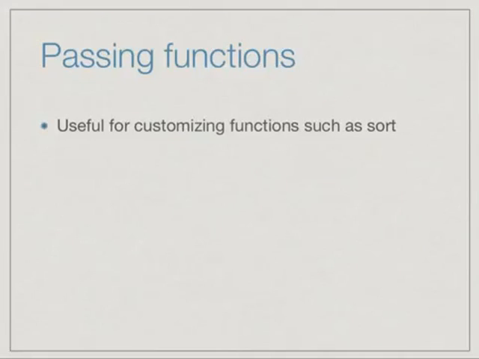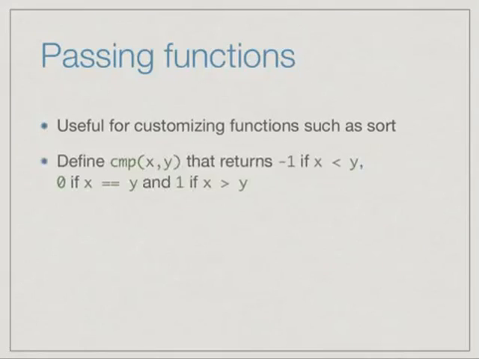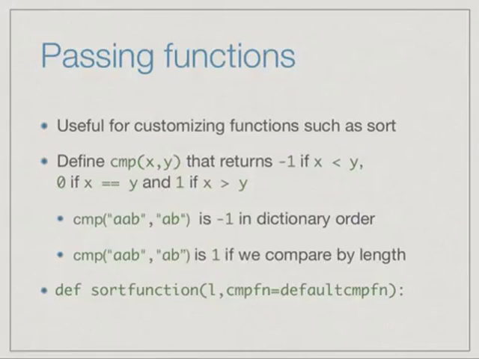One practical use of this is to customize functions such as sort. Now, sometimes we need to sort values based on different criteria. So we might have an abstract compare function which returns -1 if the first argument is smaller, 0 if the two arguments are equal, and +1 if the first argument is bigger than the second.